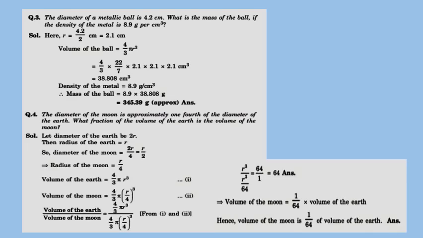Now as we have to take the fraction, we will divide the volume of the moon by the volume of the earth. 4 upon 3 pi r cube gets cancelled. 1 upon 4 cube means it is 1 upon 64. So the answer is 1 upon 64. Hence the volume of the moon is 1 upon 64th times that of the earth.